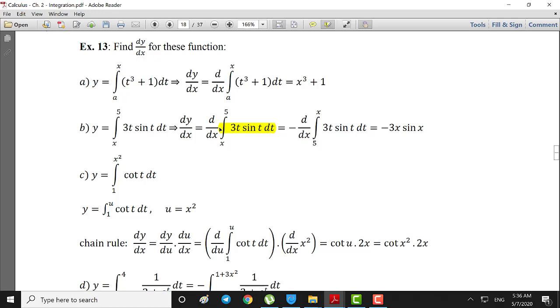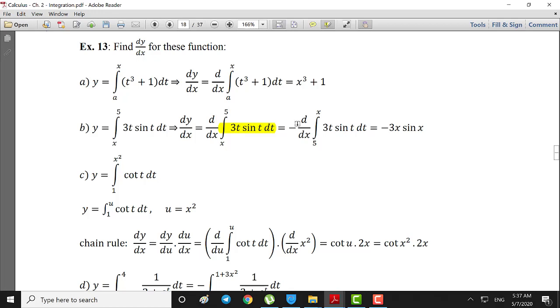So d over dx of this integral is equal to d over dx of negative integration from 5 to x of 3t sine of t dt, right? And we have moved the negative sign from here to the outside of the derivative. We can do that, right?